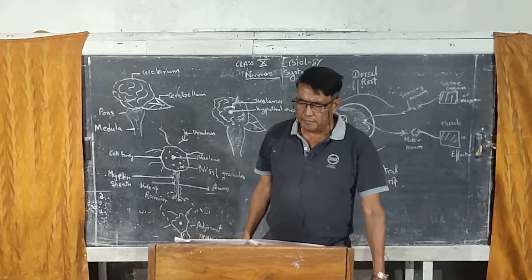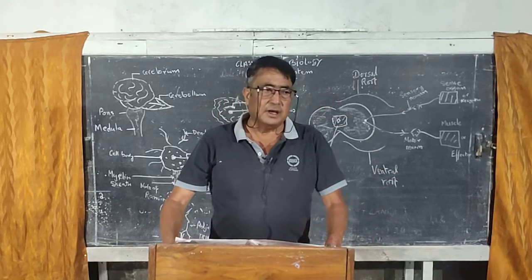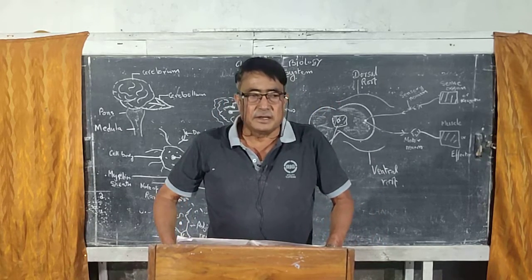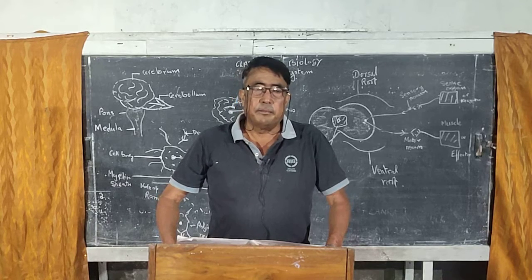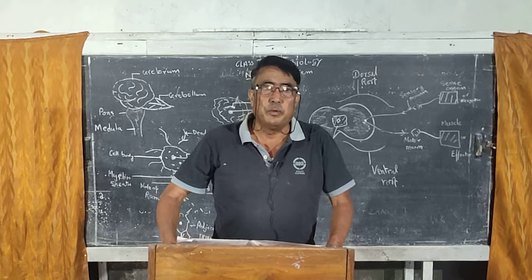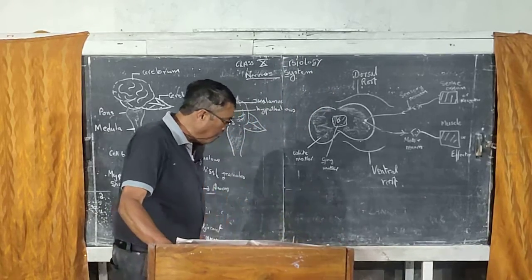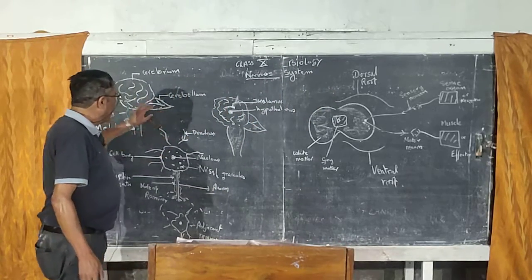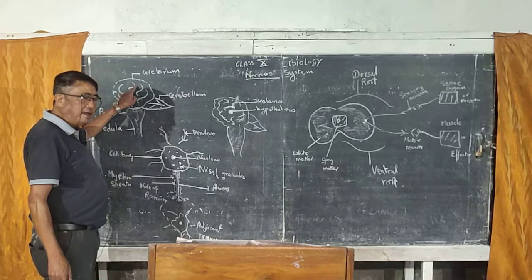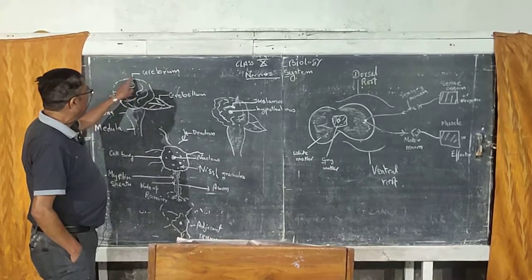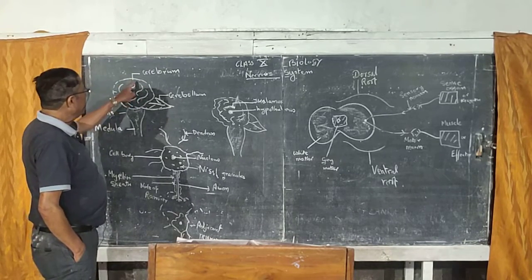So these are the different parts of the central nervous system. Peripheral nervous system we'll do in the next class.